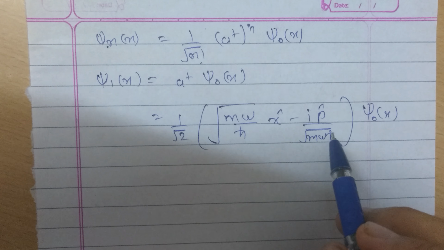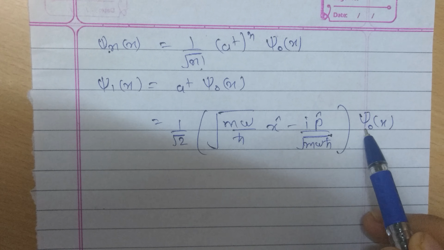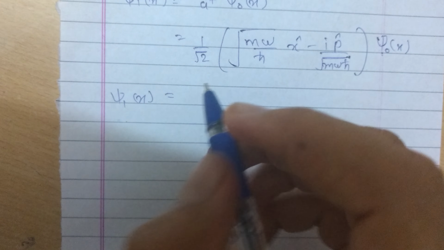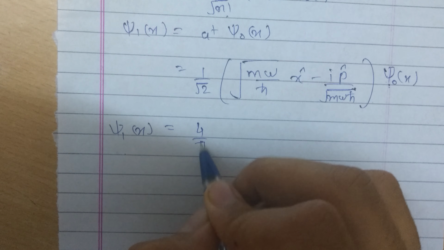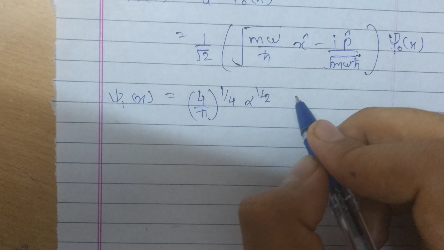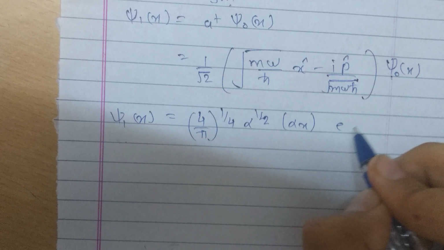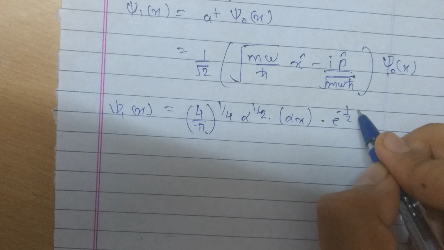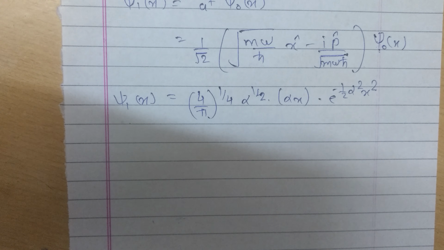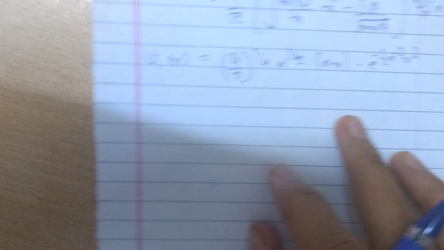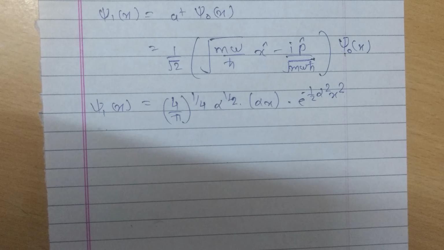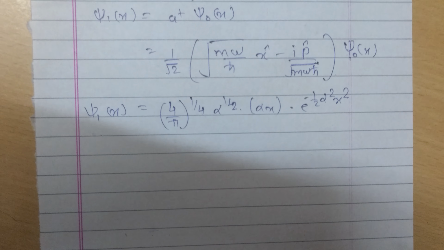By solving this equation and putting the value of ψ₀(x), we get ψ₁(x) is equal to (4 by pi) raised to 1 by 4 alpha to the half, alpha x e raised to minus half alpha square x square. So by the raising operator, you can find the wave function for the second excited state, third excited state, up to the nth excited state.